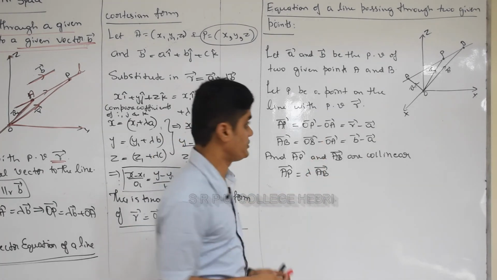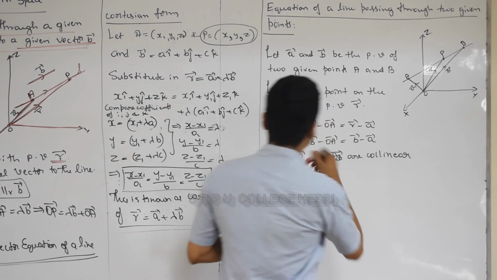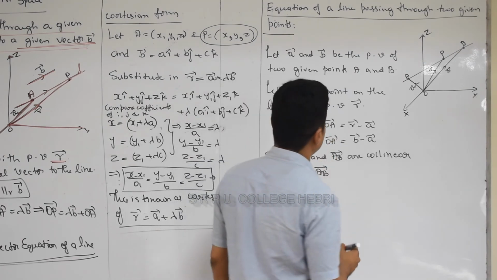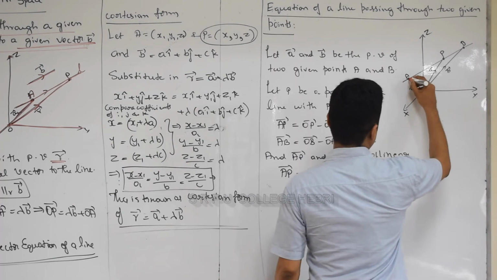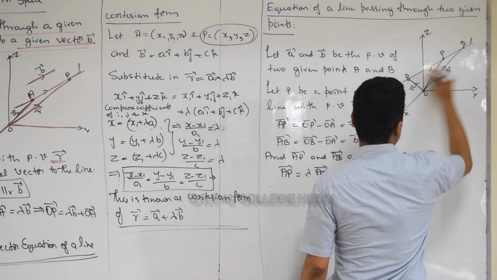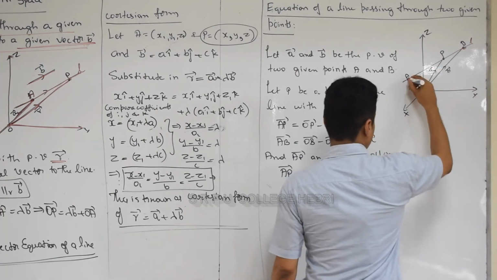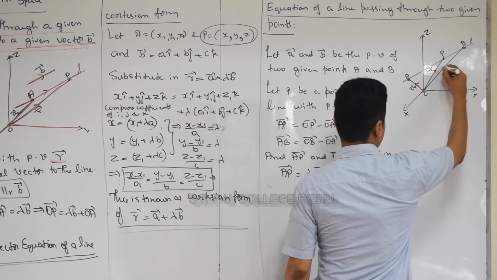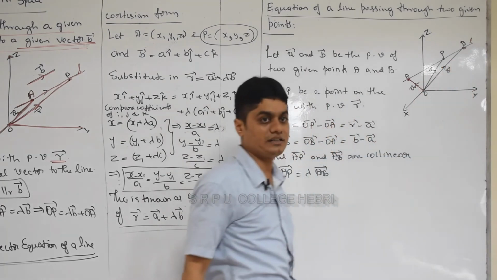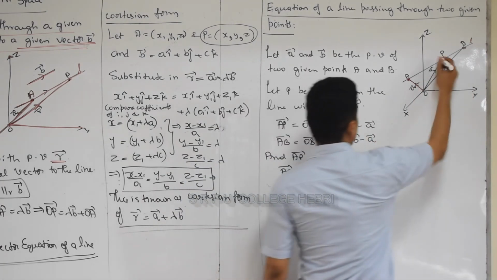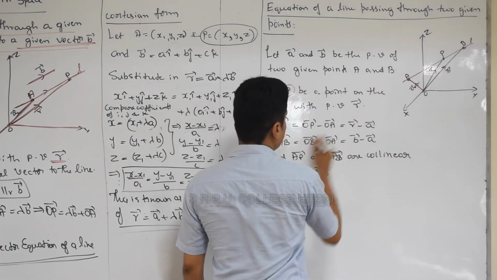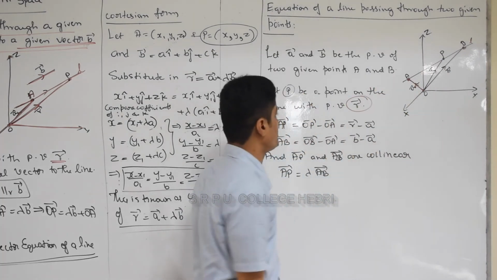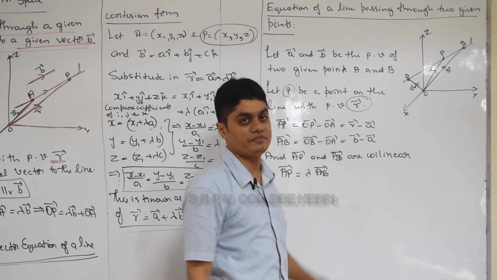Let vector a and vector b be the position vectors of the two given points A and B. Consider a line L, take two points on the line, A and B, with position vectors a and b. Then consider a point P on this line with position vector r.